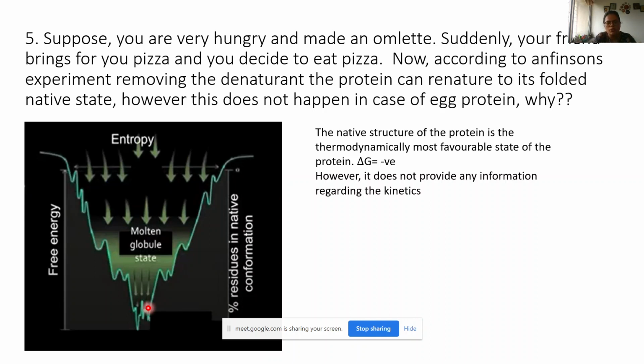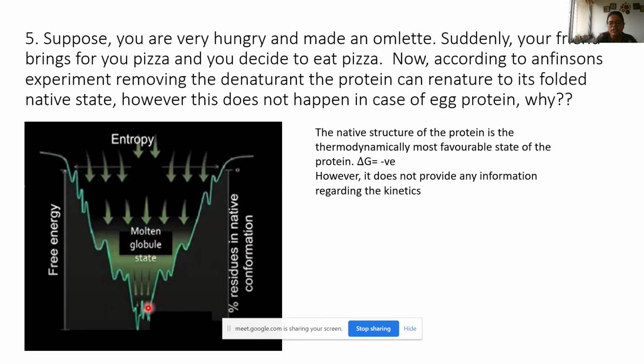So thermodynamically, it will tell you that that form is possible to occur. That reaction will happen. It's a spontaneous reaction, so definitely it will occur with delta G value negative. However, it does not provide any information regarding the kinetics. So kinetics will not be dependent upon the delta G value.